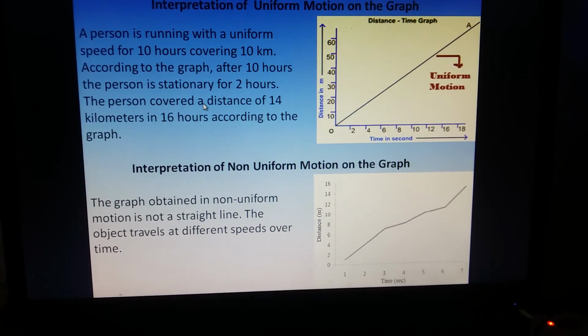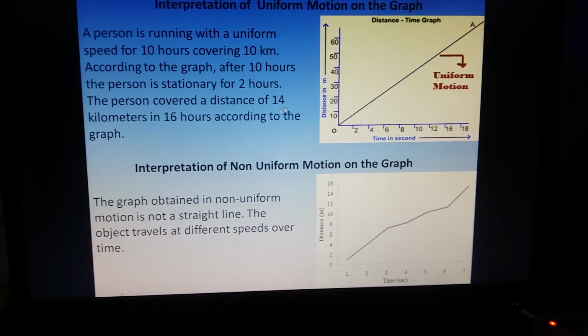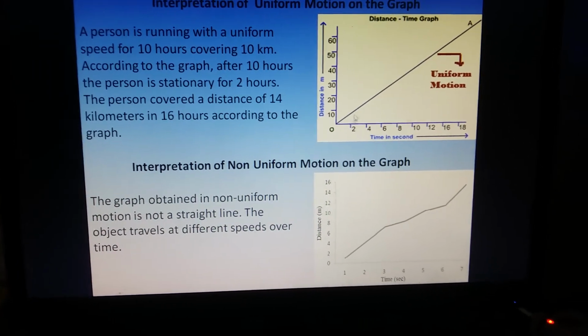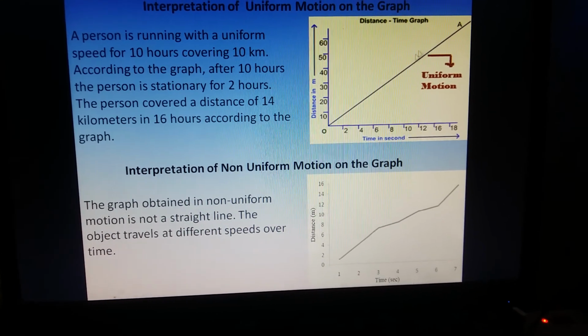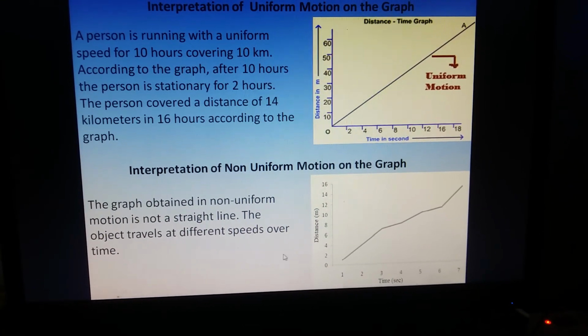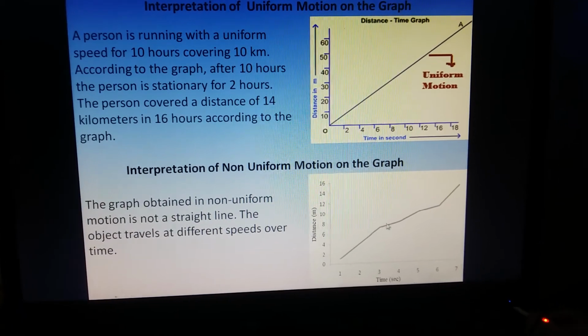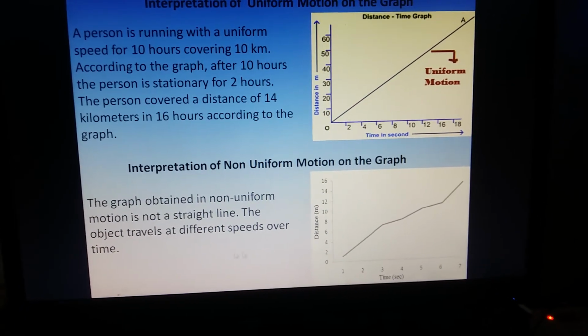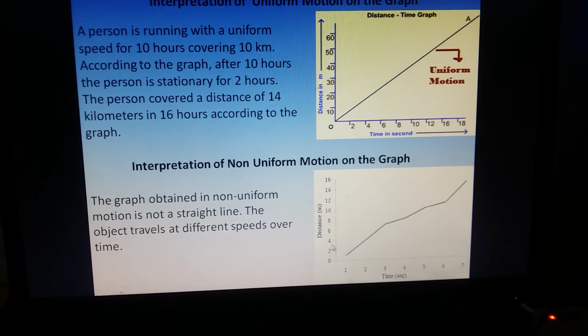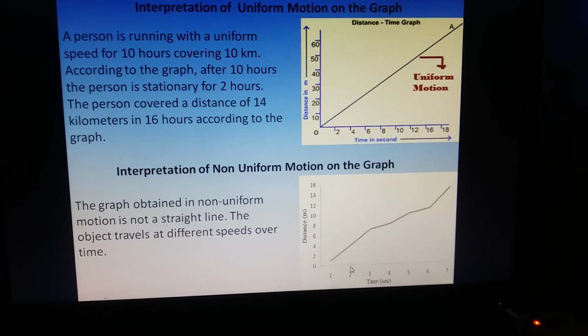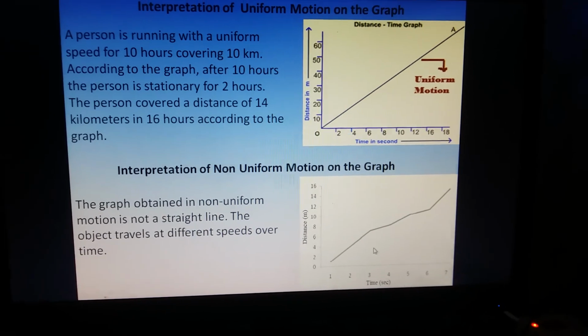The person covered a distance of 14 kilometers in 16 hours. If there is uniform speed, it would be shown with a straight line, but non-uniform motion will be expressed as a line that is not straight, because the distance covered in fixed intervals of time is not equal. So this is it.